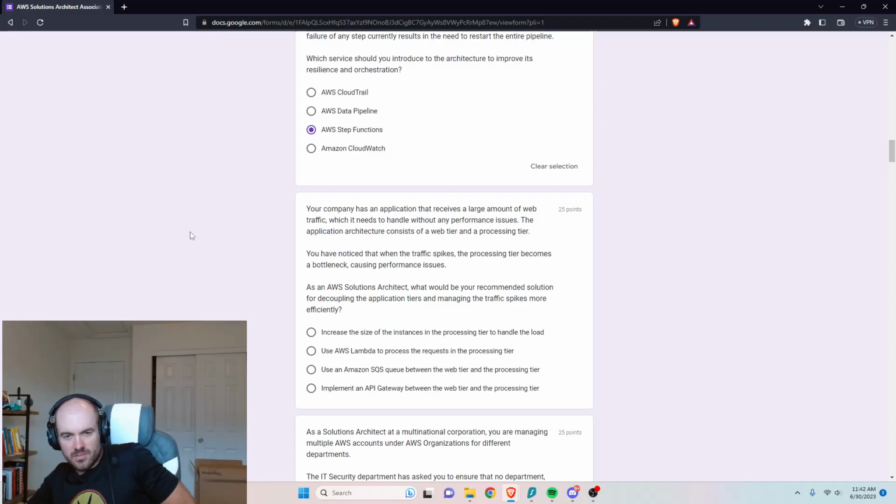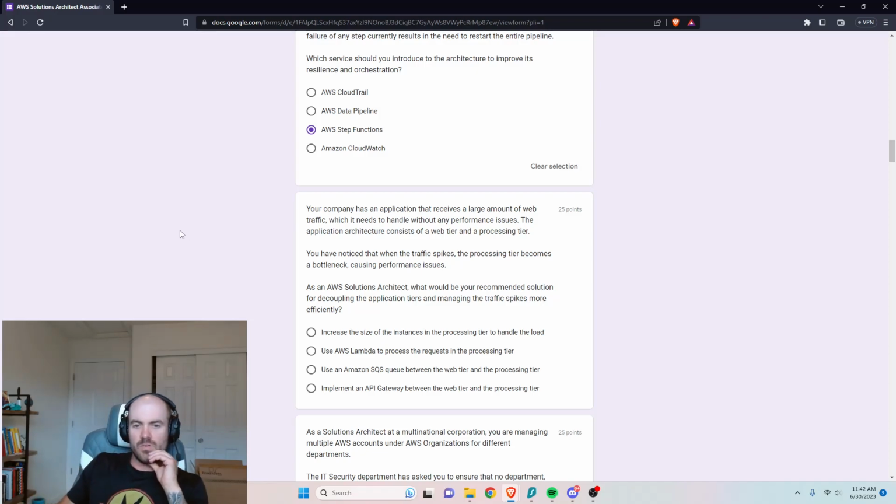As the AWS Solutions Architect, what would be your recommended solution for decoupling the app tiers and managing the traffic spikes more efficiently? All right, so we're looking to decouple some of these application tiers from our processing tier because the processing tier is causing problems.